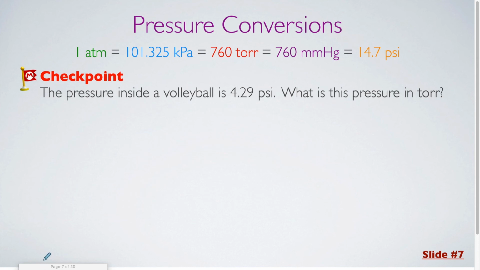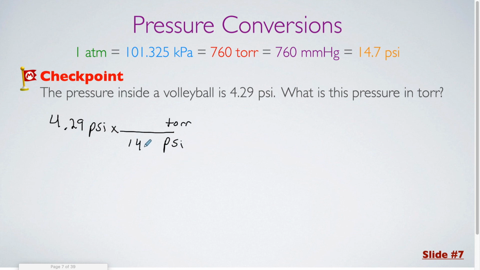In our second checkpoint question, we are asked to find the pressure of a volleyball. It is currently 4.29 psi, and we want to know what that pressure is going to be in torr. So just like in the previous problem, I'm going to write down the value that they start us with, and the unit. Now I'm going to set up a one-step conversion. Since I started with psi, that has to go on the bottom. I'm looking for torr, so that's going to go on top.